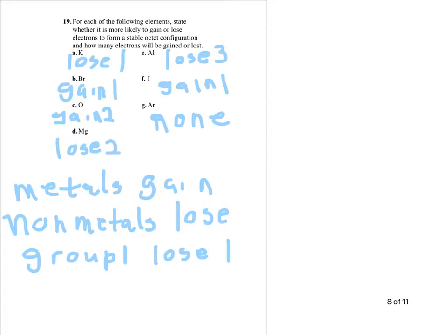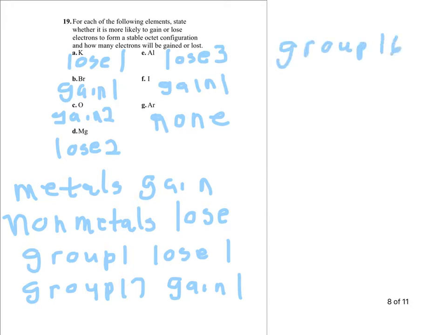Bromine, being a nonmetal, it's going to gain, and it's a halogen in group 17, and group 17 is going to tend to gain 1. Oxygen, nonmetal, gain, group 16 for oxygen, and group 16 tends to gain 2.